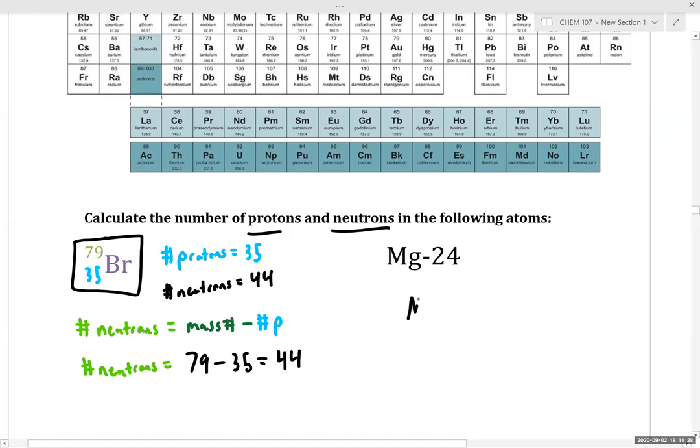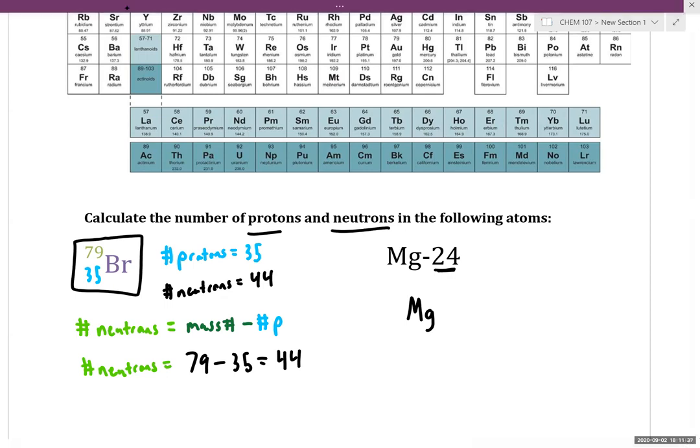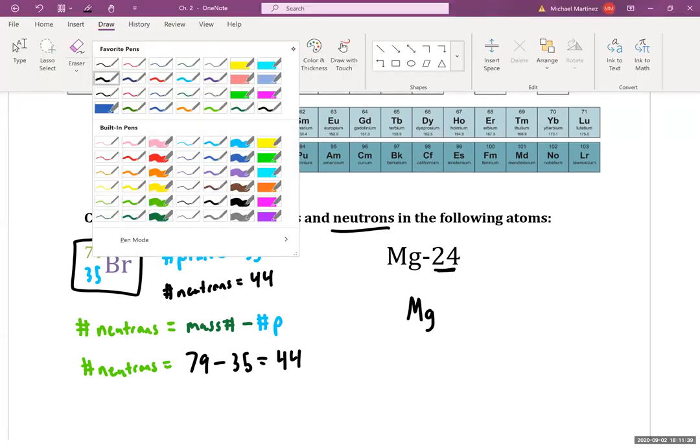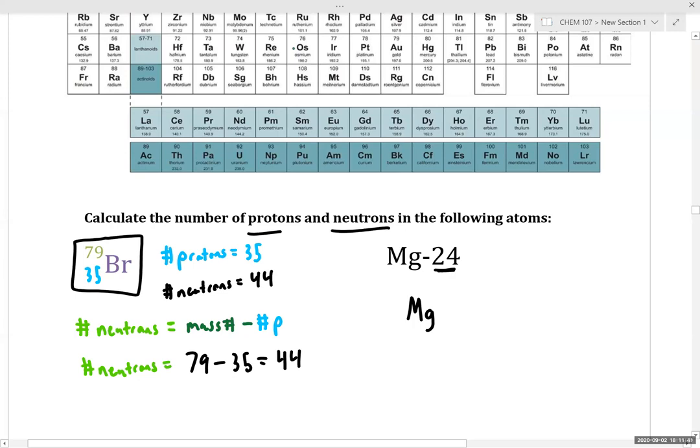So looking at magnesium 24, what is this 24 representing? Neutron. You're on the right track. The 24 is representing our mass number.